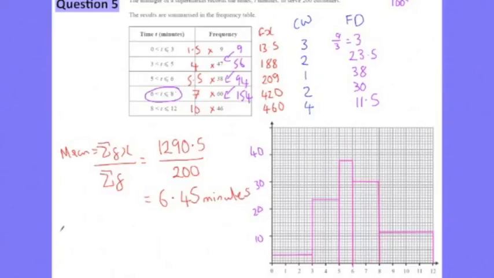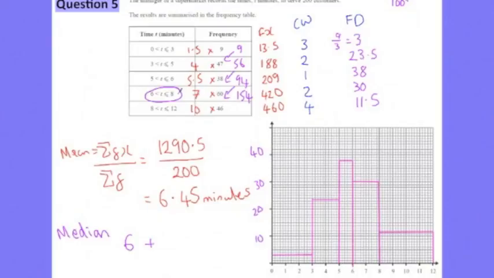So here we're going to use our histogram to help. So we're looking for the median. First off, we know here that it is going to be 6 and a bit more. How much more? So first off, we're looking at how far into this group we are. We're at 94 and we're looking for the 100th person.